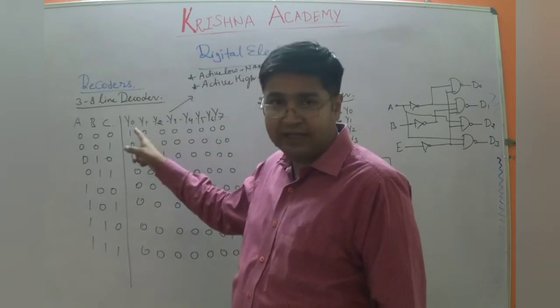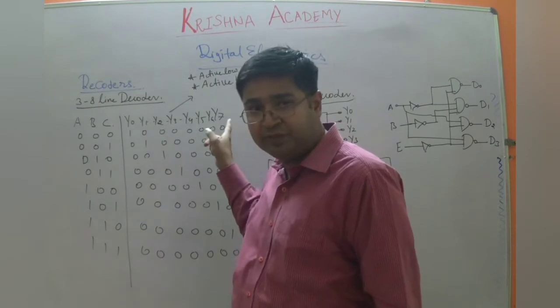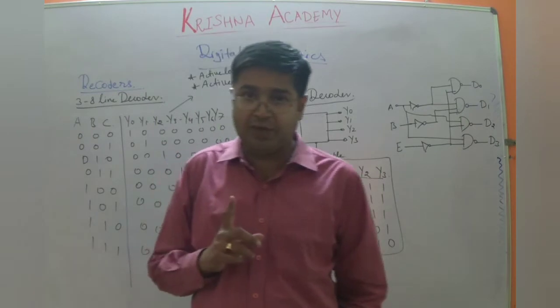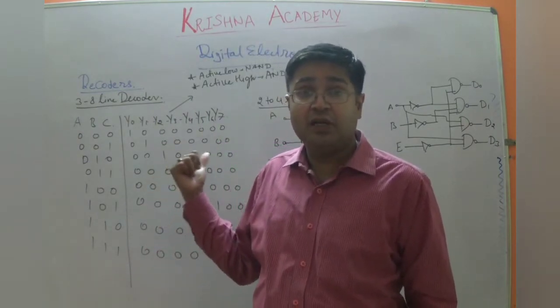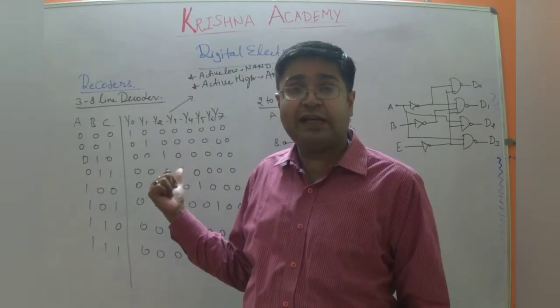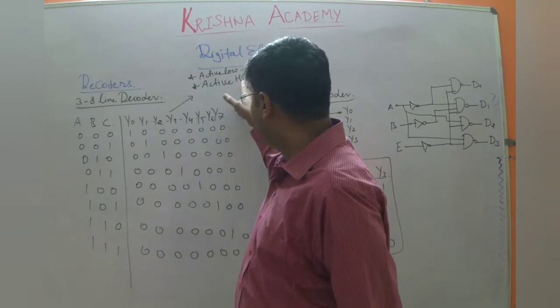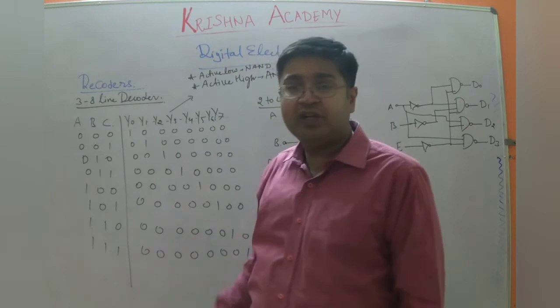Now how are we getting the output? An 8 line output will be there. If we want to implement active high output, let me remind you, in this digital logic circuit, whenever we say active high and active low, active high means logic 1, and active low means logic 0.